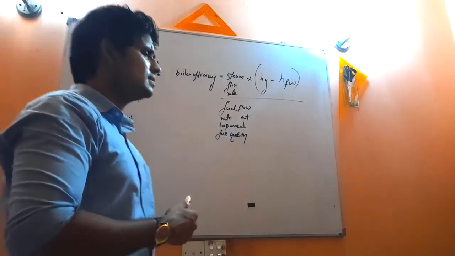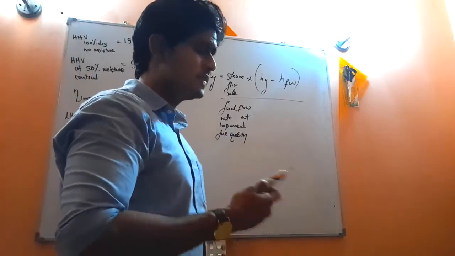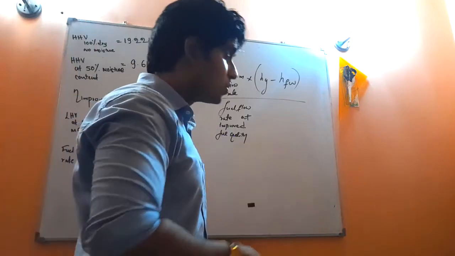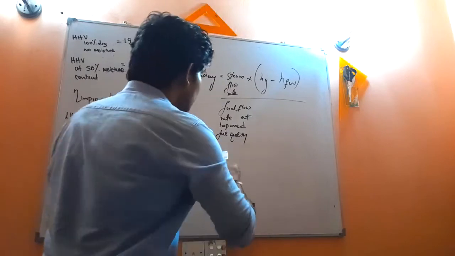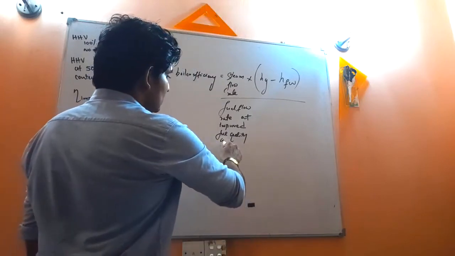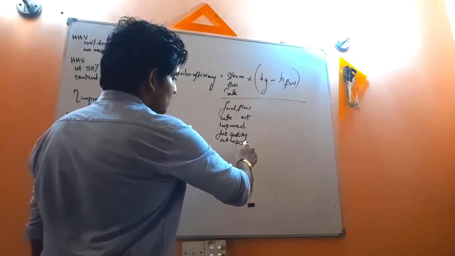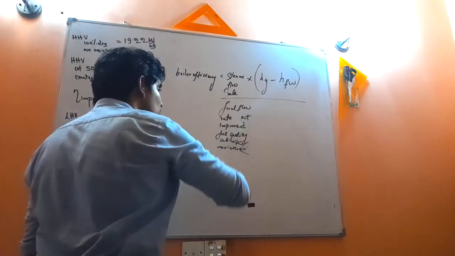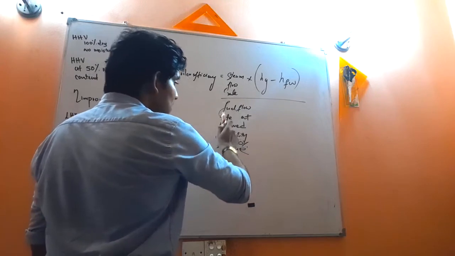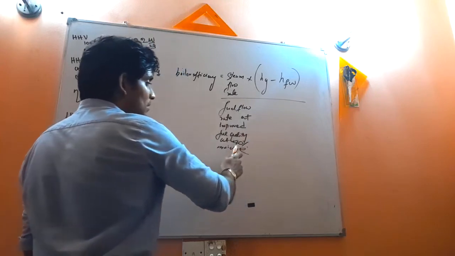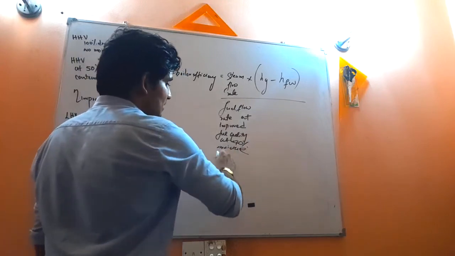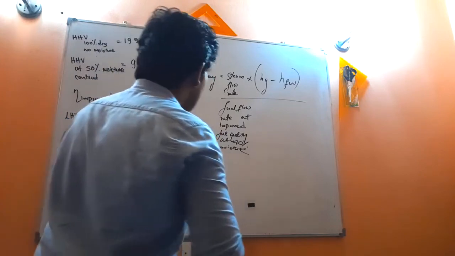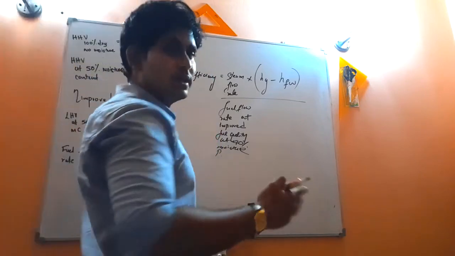Earlier the moisture percentage was 50%. So now the quality is improved up to 40%, right? That means here you have to consider the fuel flow rate at improved fuel quality at 40% moisture percentage. That we have evaluated, right?